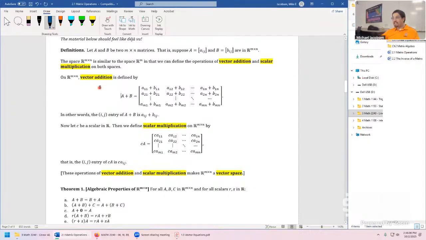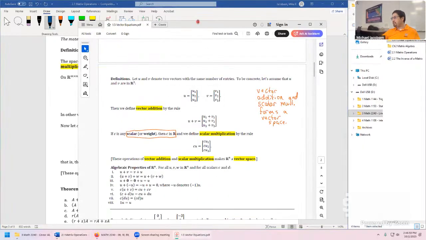Then vector addition looks like this. If A is indicated this way, then entries go A11, A12, A1n across row 1. Likewise for matrix B. So adding A and B together, all this stuff is just saying is add the components in the corresponding order. So add the 1, 1 components together, add the 2, 1 components together, and so on.